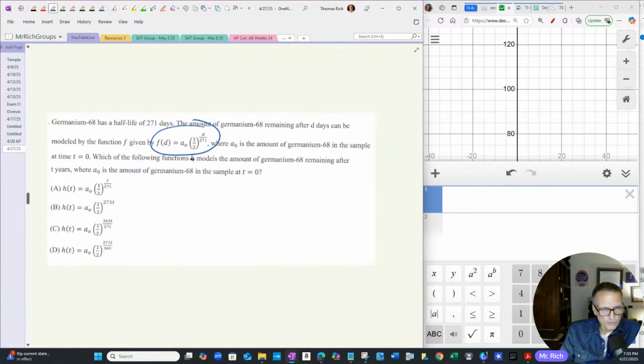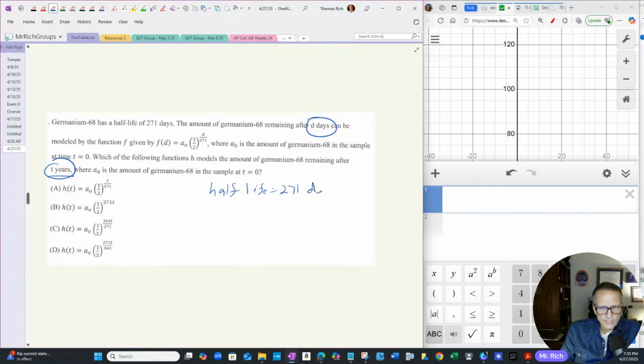Which of the following functions, h, models the amount of germanium-68 remaining after t years, right? So they've changed it from d days to t years, where A0 is the amount at t equals 0. Well, what this tells me here is that if d is in days, the half-life is 271 days.